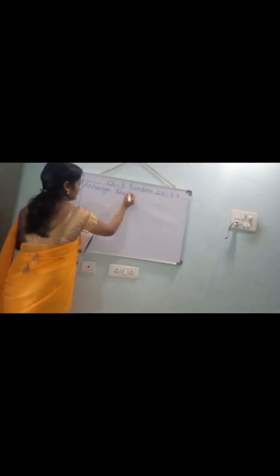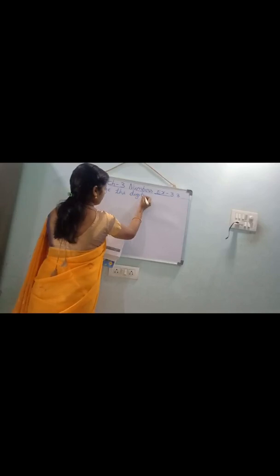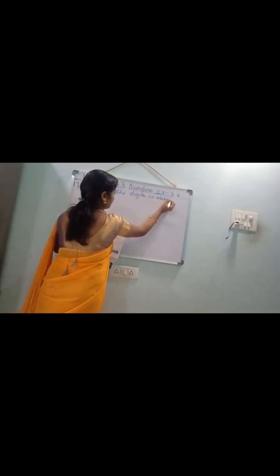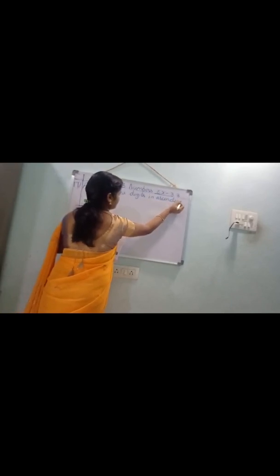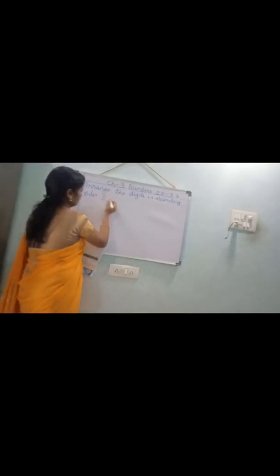Arrange the digits. Ascending order you should arrange. 2 less than 4 less than 6.